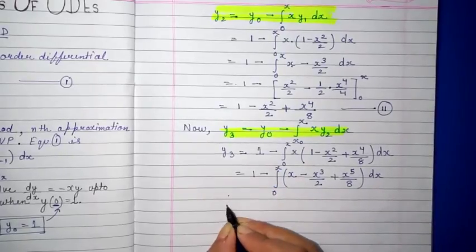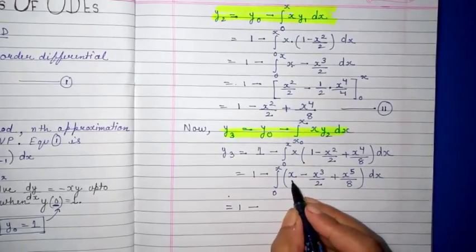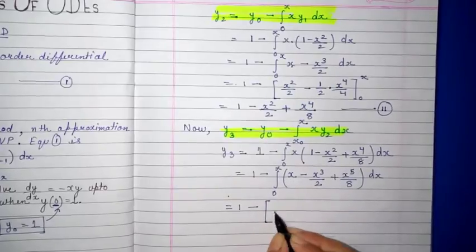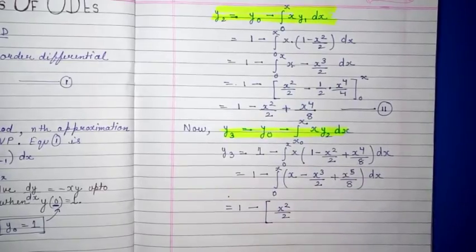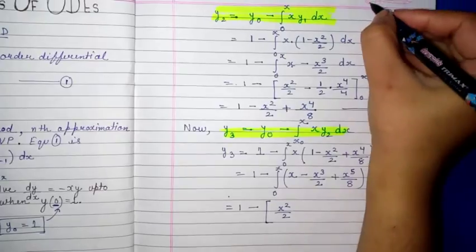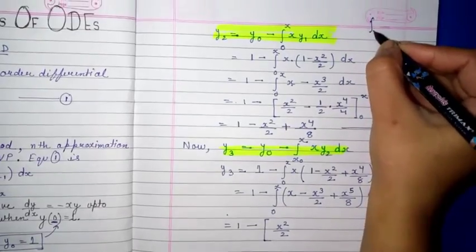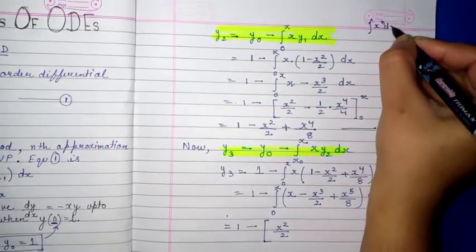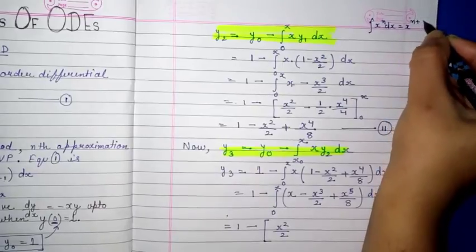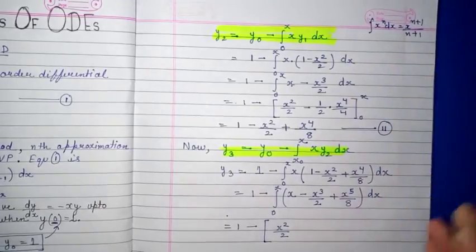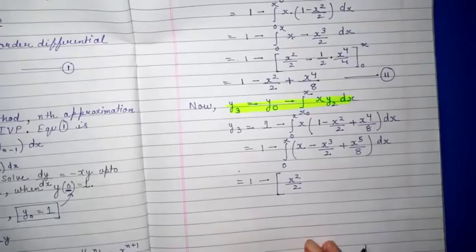So this one will become 1 minus, the integration of x is x square by 2. I have already explained the formula that the integration of x to the power n dx is what? x to the power n plus 1 by n plus 1. So I have already discussed this formula.